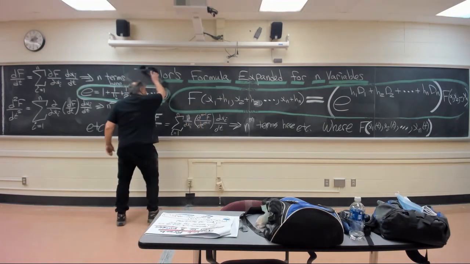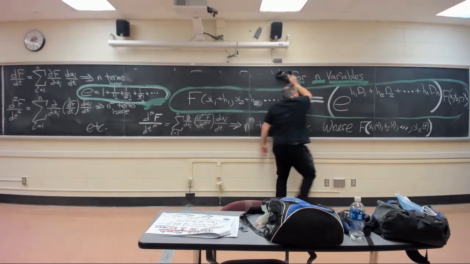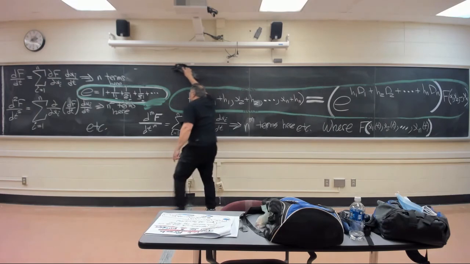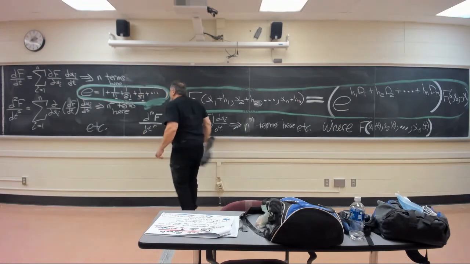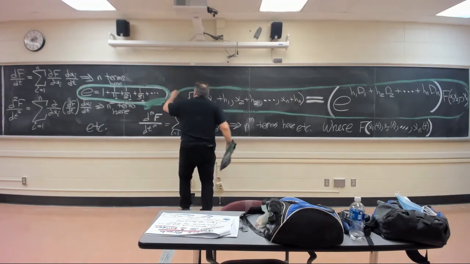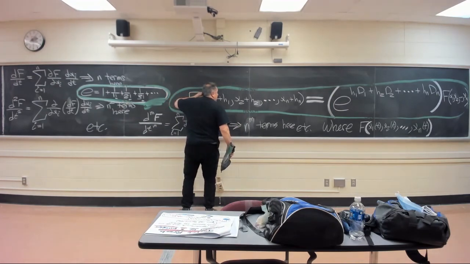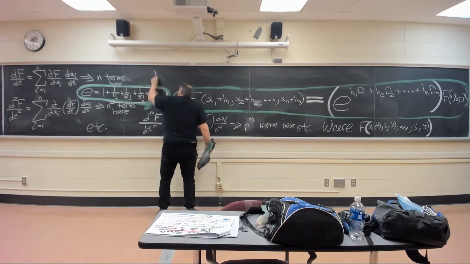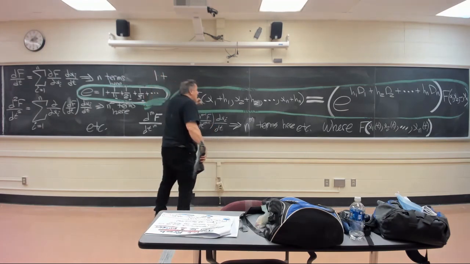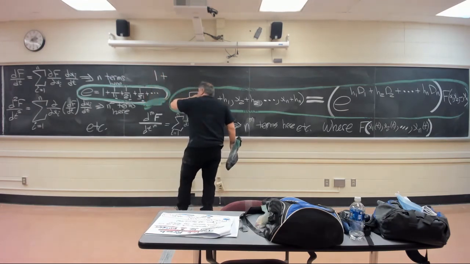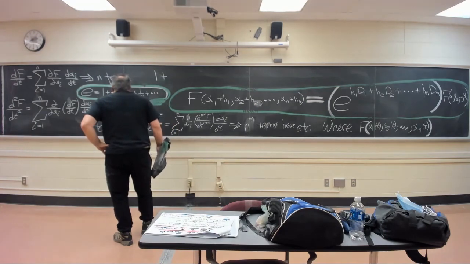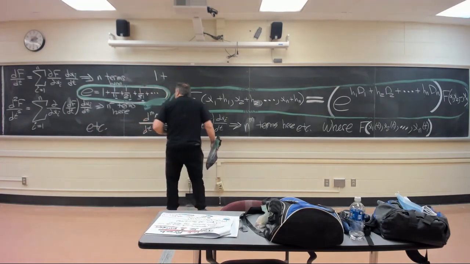Let me go right here, though I don't want to erase any of it. e to that means 1 plus... Let's see exactly how they want to play that out. When they actually do it, I think they just have the 1 there, and then it becomes.